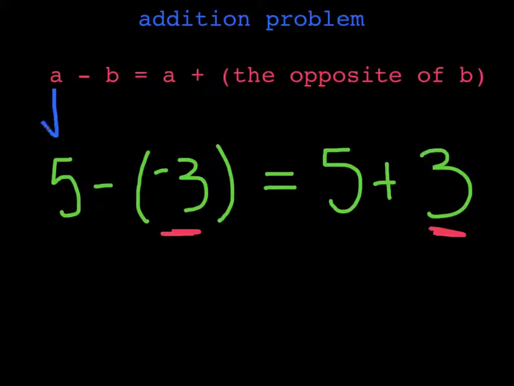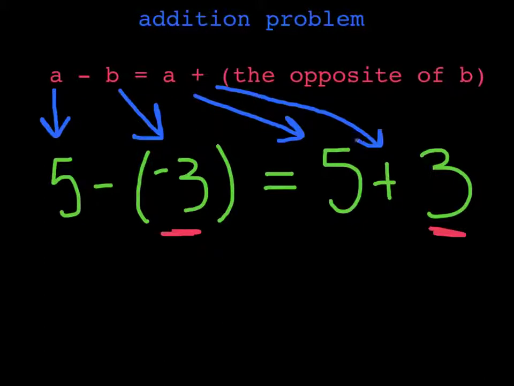So I'm starting with the number 5, or a, and from that I am subtracting a value, b, in this instance negative 3, and then rewriting my equation as a plus, and then the opposite of b. So negative 3, that was my b value, and then positive 3, this is my opposite b value.